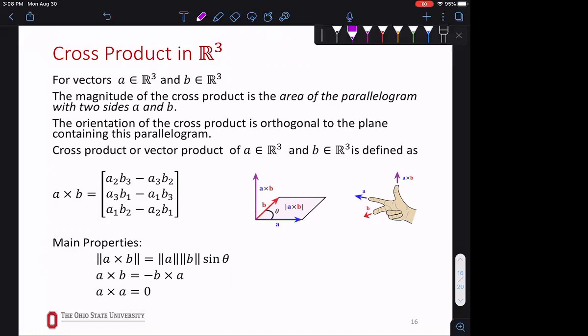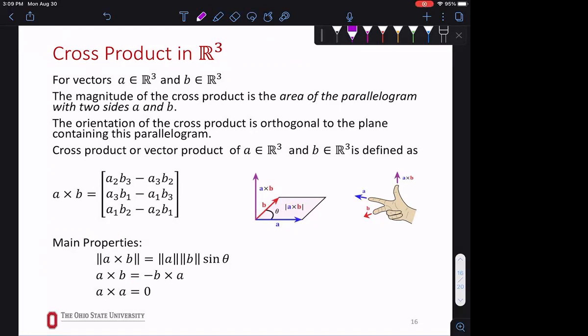If this is your x-axis and this is your y-axis, or A and B, whatever you want to call it, and you go from x to y, the direction in which you close your hand, and wherever the thumb points, is the direction of A cross B. So this is A, this is B, you're crossing, and this is the direction of the cross product, right?